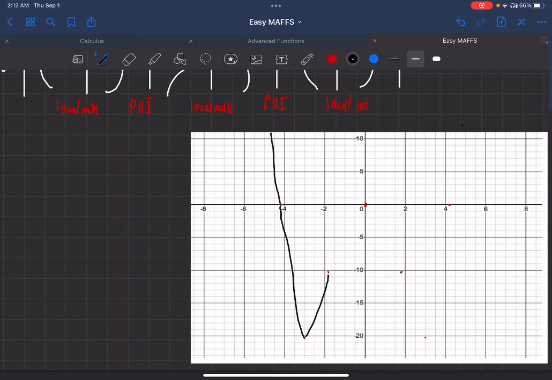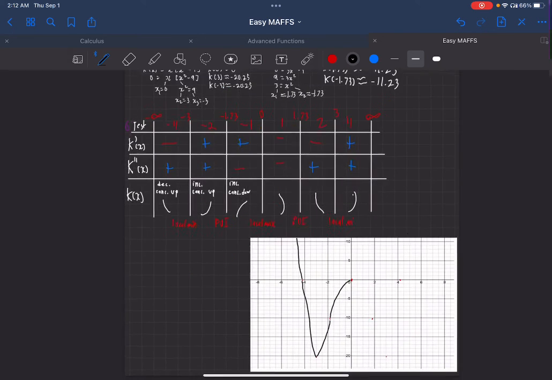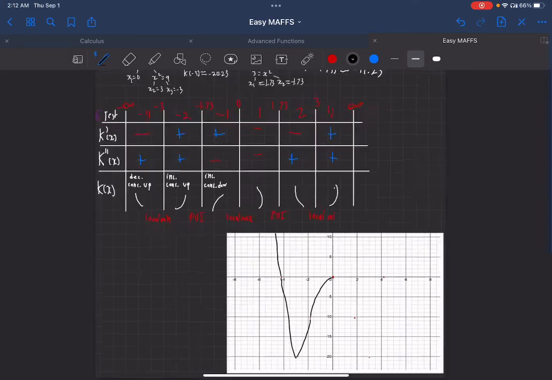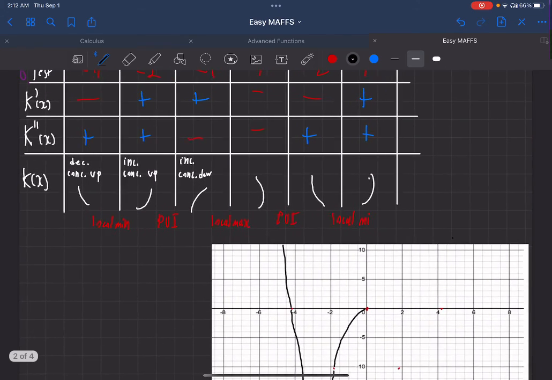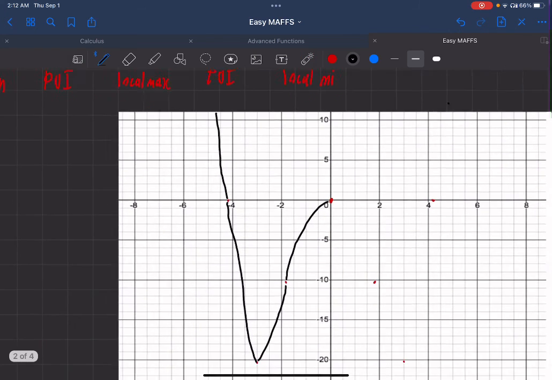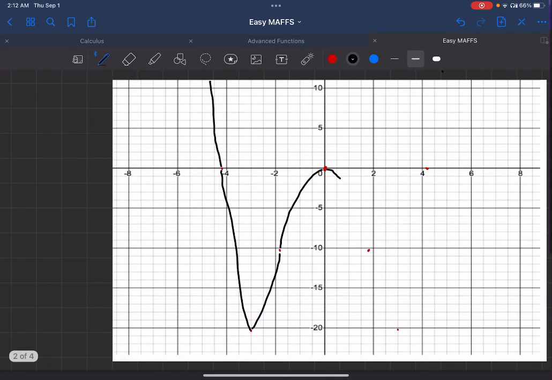Okay, so now we are increasing and concave down. Okay, that's a little too steep. Yeah, something like that. Okay, so now from 0 to 1.73, we are decreasing in concave down. I didn't write it, but we can already tell from here. So we are decreasing concave down.